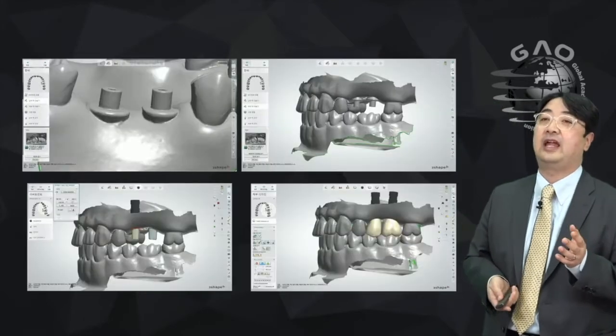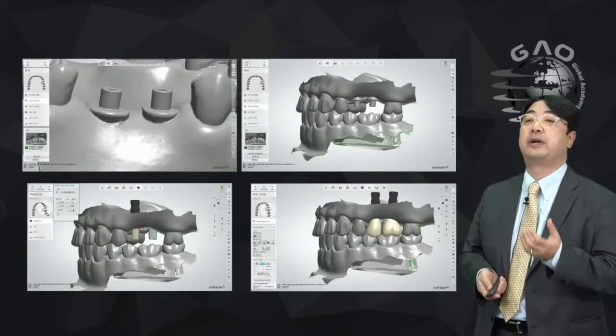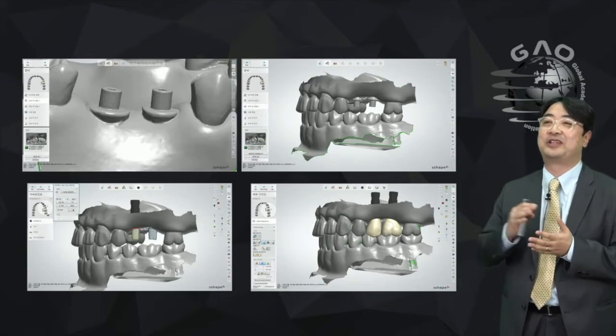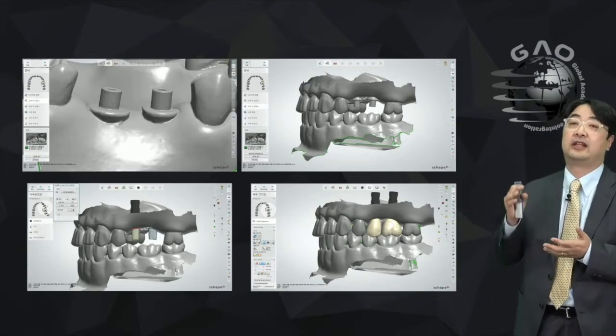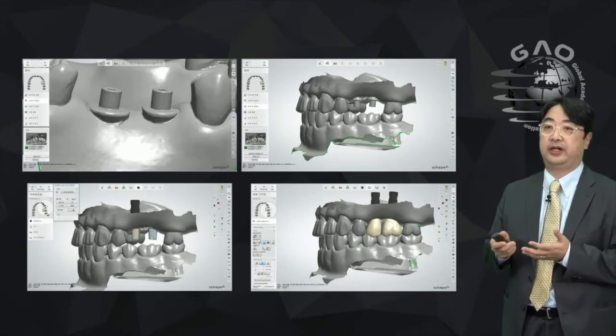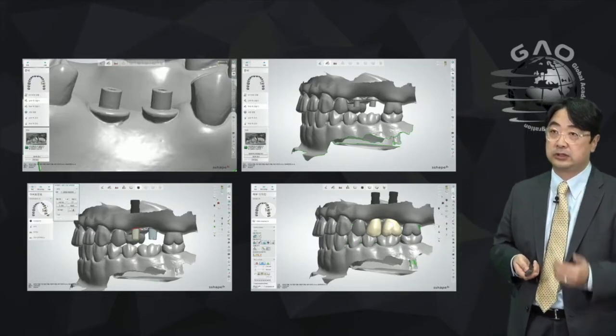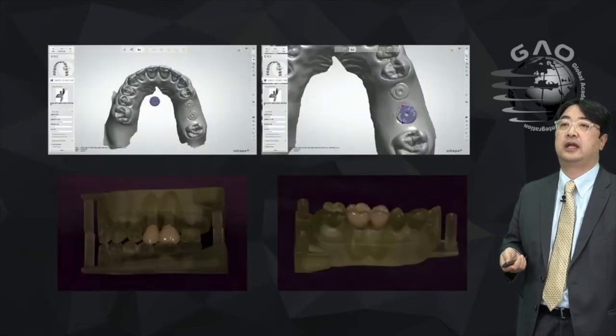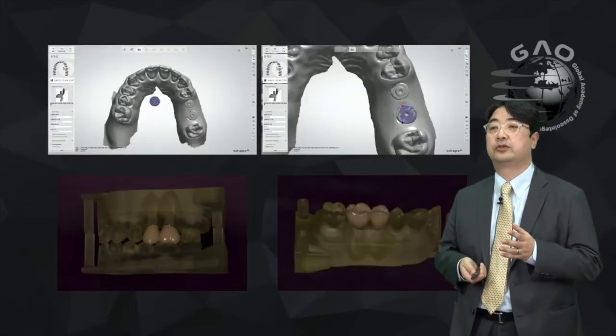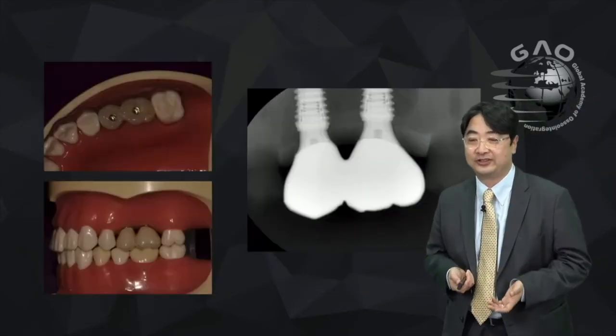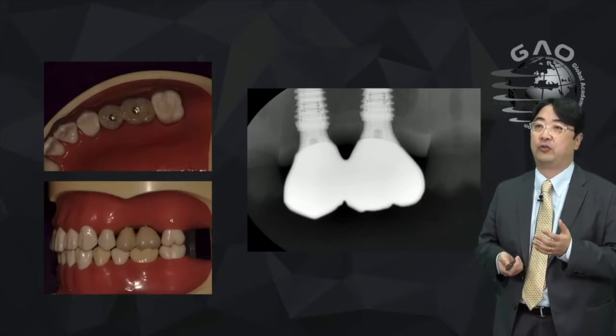Then I sent the data to the lab, because my lab technician has the In-Coat healing abutment data in his CAD library. He designed the custom abutment and splinted zirconia crowns. Then we tried them on the model, and also on the actual model, and it really did well.